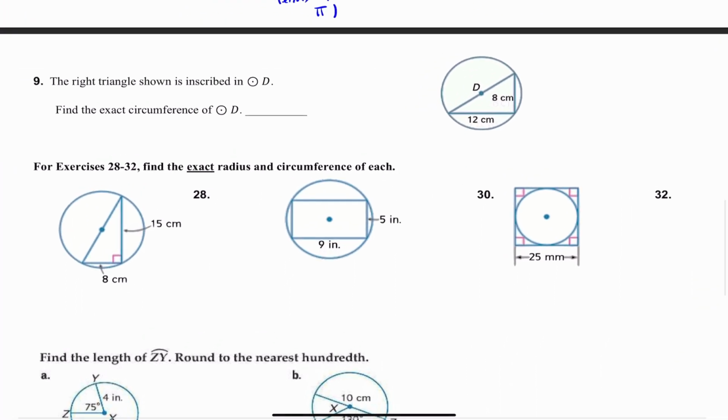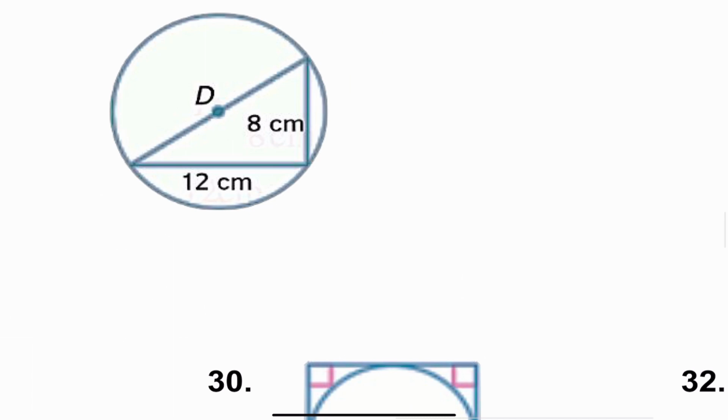Number 9 is, this is going to require you to go back to the previous units. It says number 9, the right triangle shown is inscribed in circle D. Find the exact circumference of circle D. Okay, you're given the fact that this here is a right triangle.